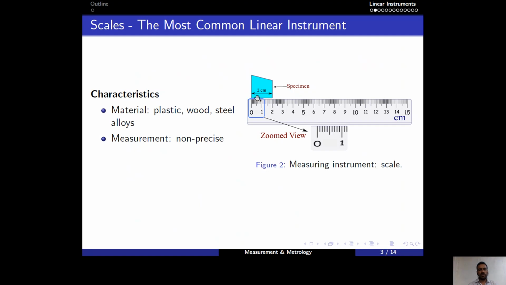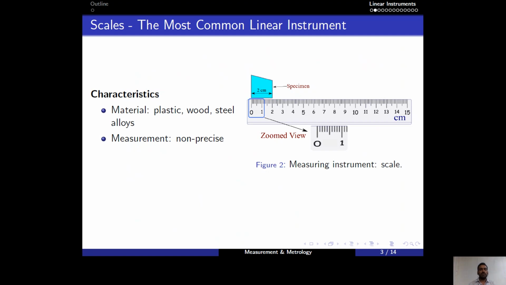So this instrument comes under the classification of non-precise measuring instruments. That means beyond the decimal place I can't measure using this instrument. If I want to measure further beyond the decimal place, I have to look at other instruments that we will cover in further videos.